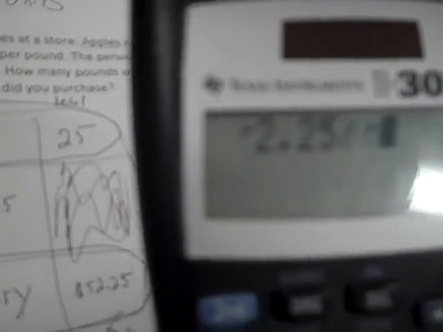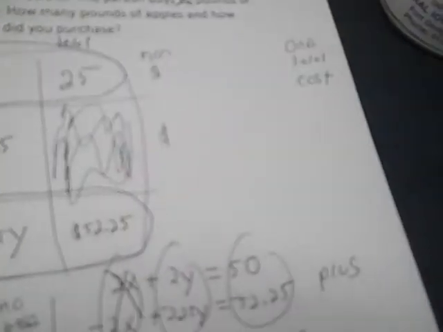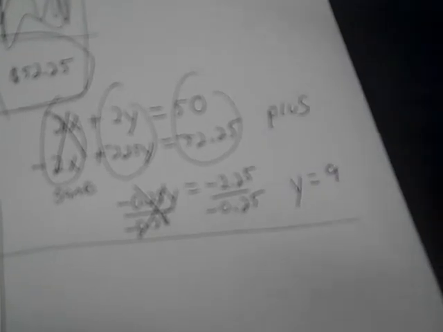Okay, and now I divide by the negative 0.25. That's going to tell me what y equals. That's y. Negative 2.25 divided by negative 0.25 is 9.